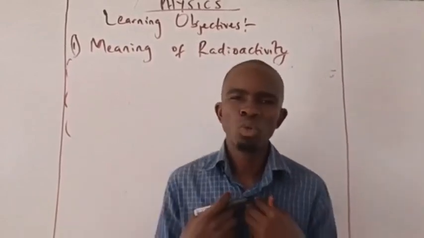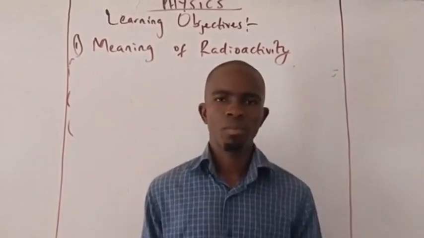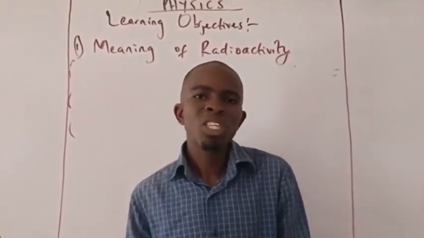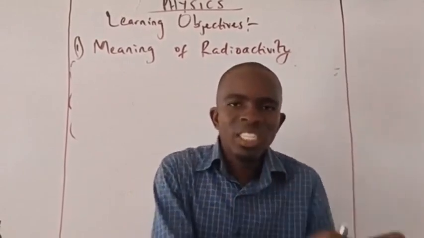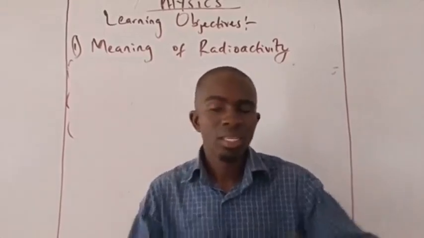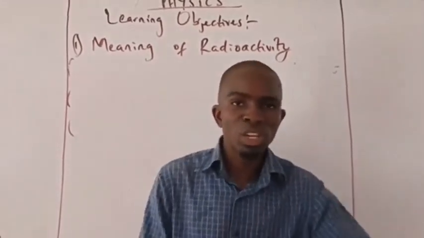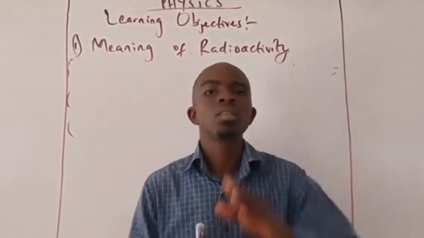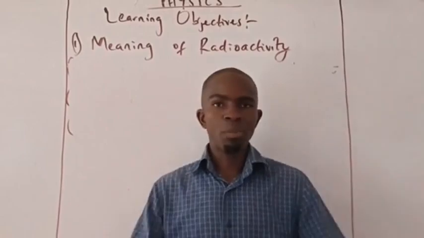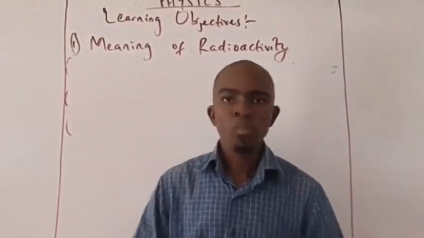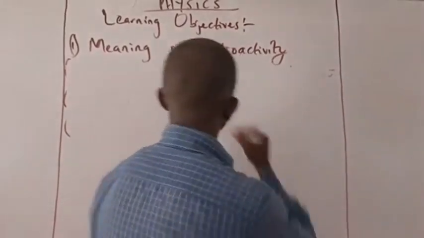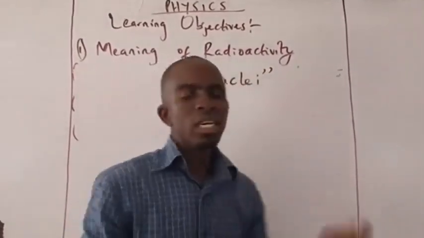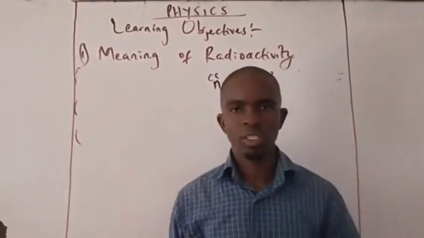So it means there is a particular atom. Unstable means it is not balanced. Radioactivity is spontaneous, which means natural. Decay means it should split. Of an unstable, which means not balanced, nuclei. Nuclei is the plural form of nucleus.